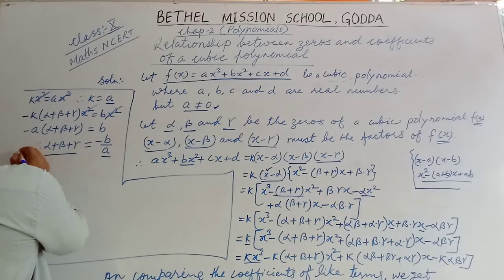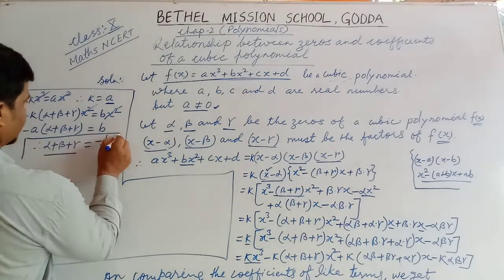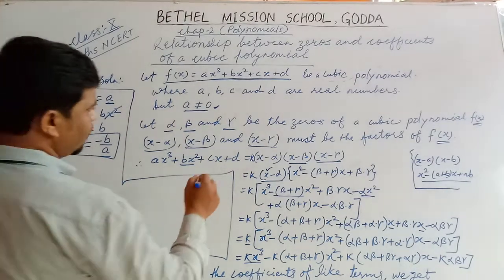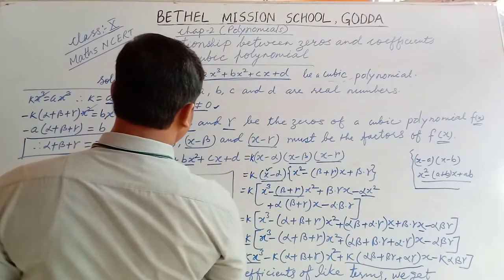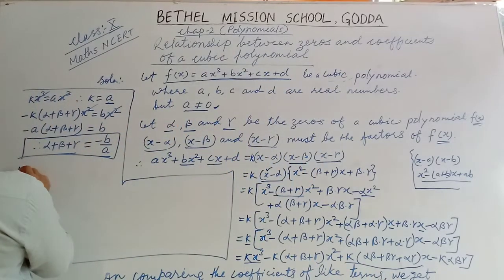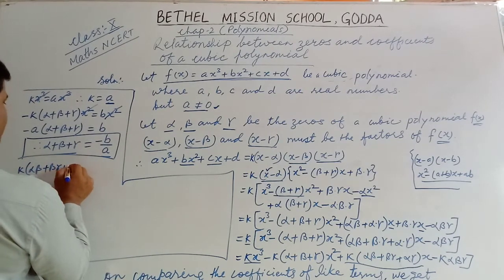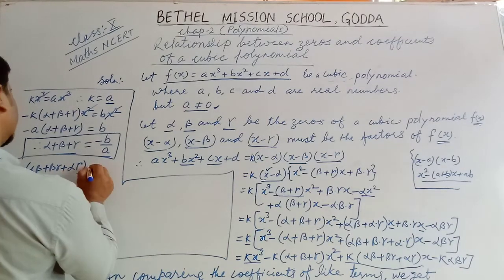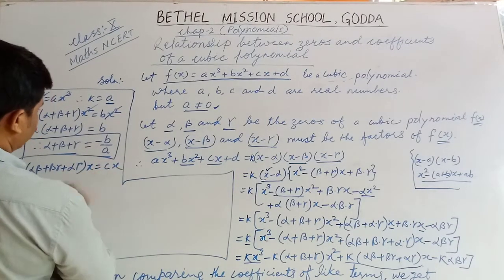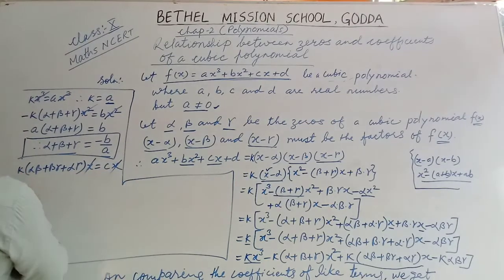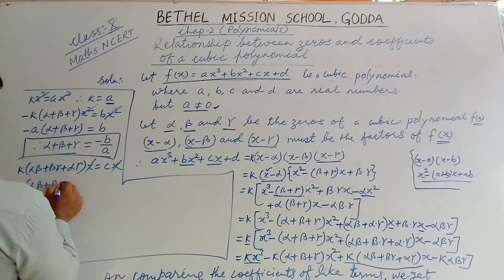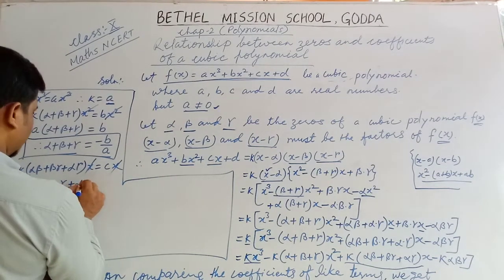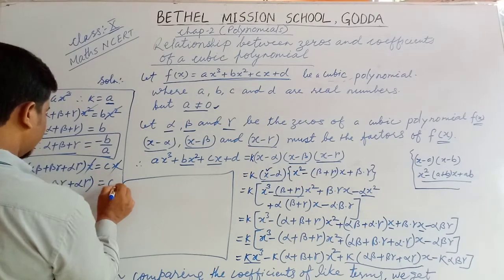After that, next, by the third term we will compare cx. The third term is k into alpha into beta plus beta into gamma plus alpha into gamma x equal to cx. X gone and k is a, so a into alpha beta plus beta gamma plus alpha gamma equal to c.